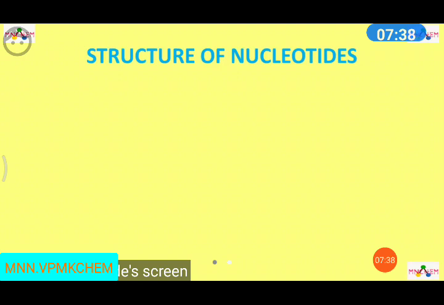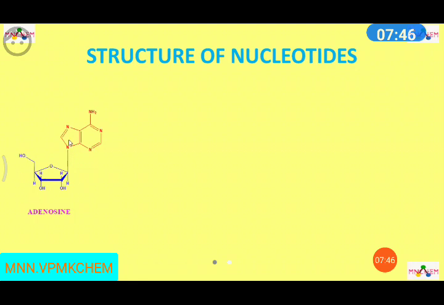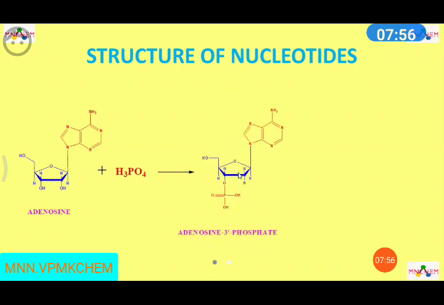Therefore, the structure of a nucleotide can be represented when we have, for example, adenosine, a nucleoside, combined with phosphoric acid. If it attaches to the hydroxy group at the 3' position in the sugar, we get adenosine 3'-phosphate.